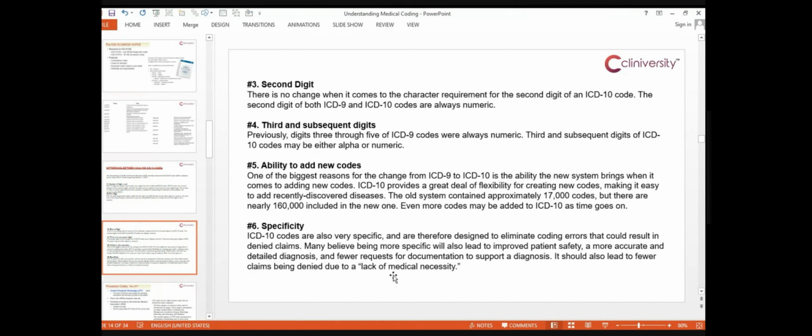Specificity. As you have a larger number of codes to choose from in this dictionary as per the patient's report, obviously it gives us the opportunity to be more and more specific as per the reports provided. So ICD-10 codes are very specific and are therefore designed to eliminate coding errors.